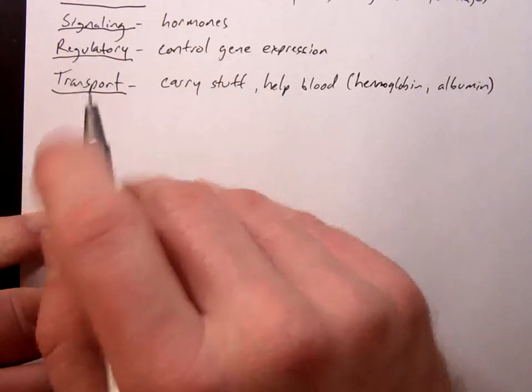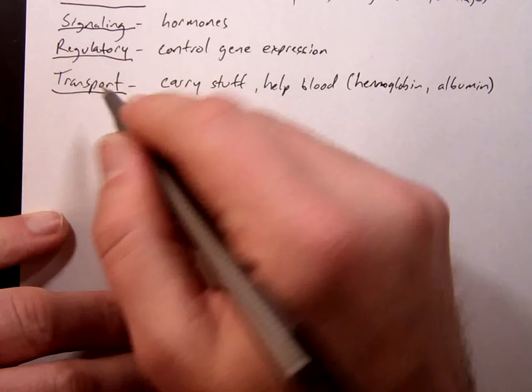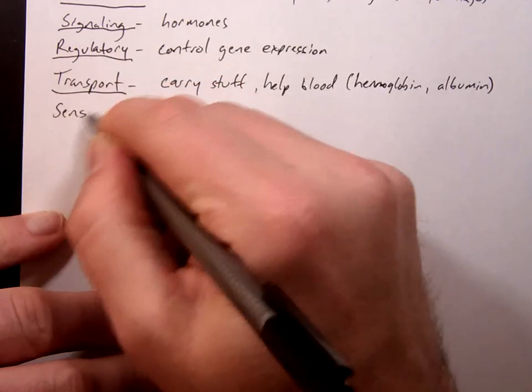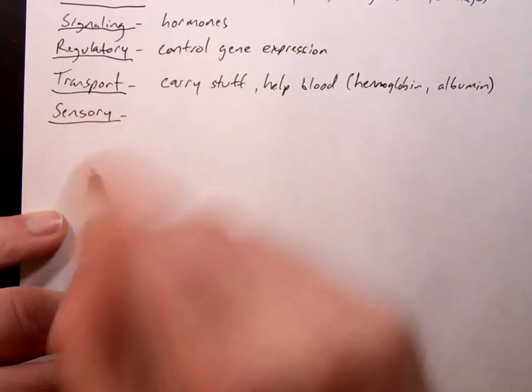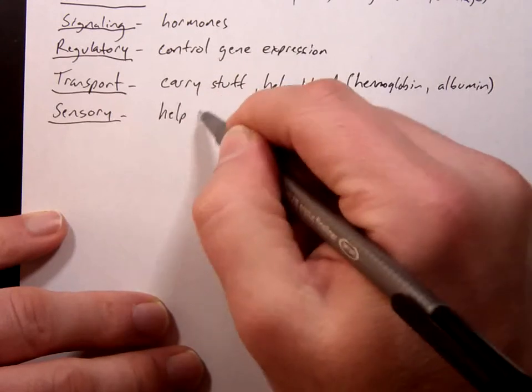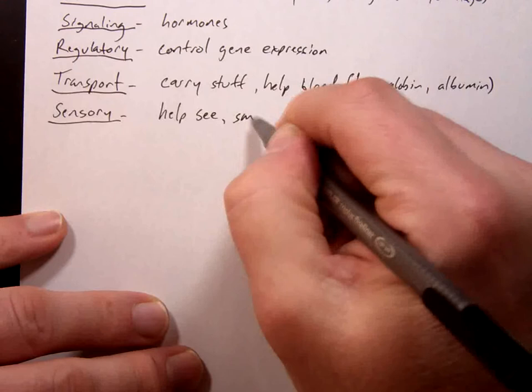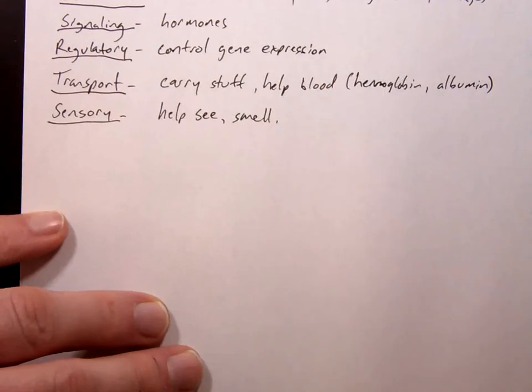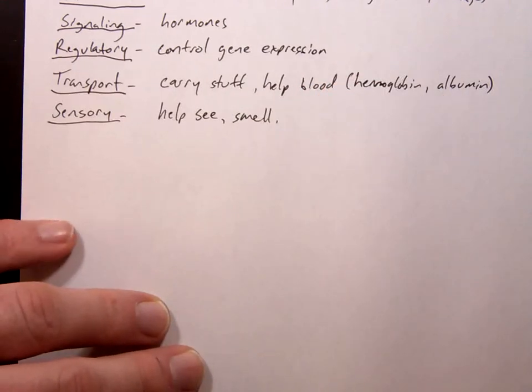So next one is sensory. These proteins will help us see and smell and stuff. If you smell cinnamon, that's because there is a protein in your nasal passages that reacts to that molecule and tells your brain, hey, that's cinnamon.